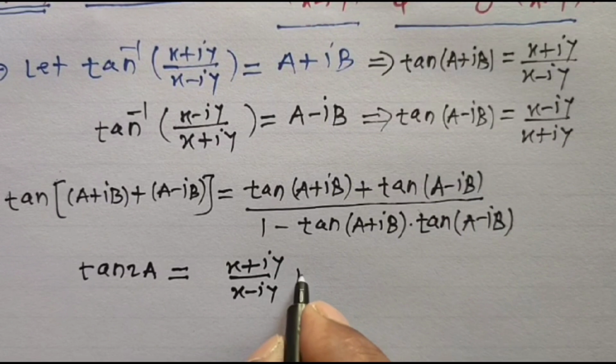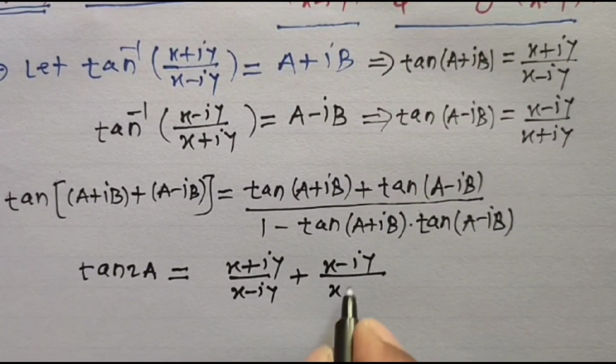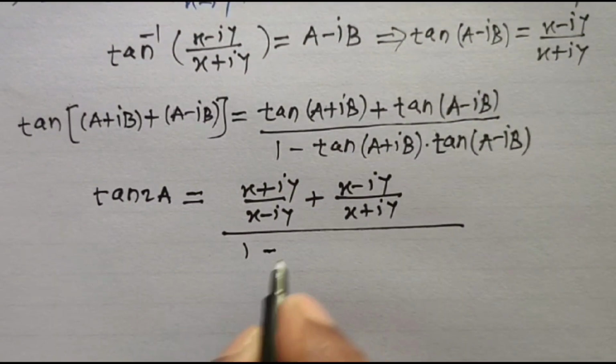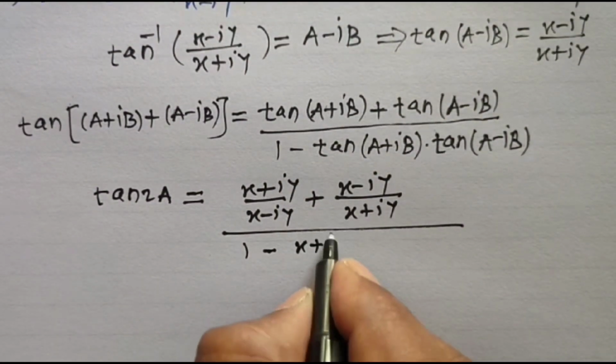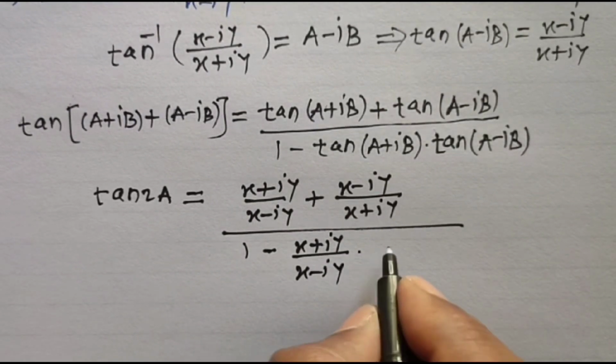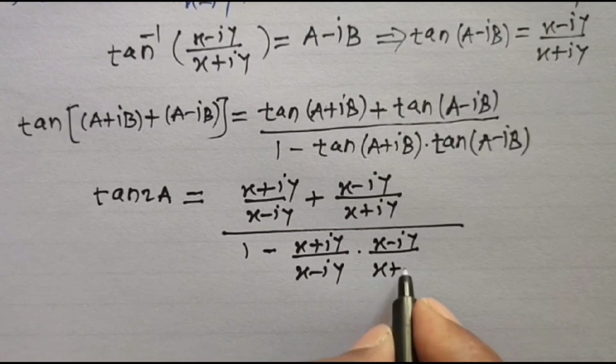iy plus x minus iy divided by x plus iy, and the whole divided by 1 minus (x plus iy divided by x minus iy) into (x minus iy divided by x plus iy).